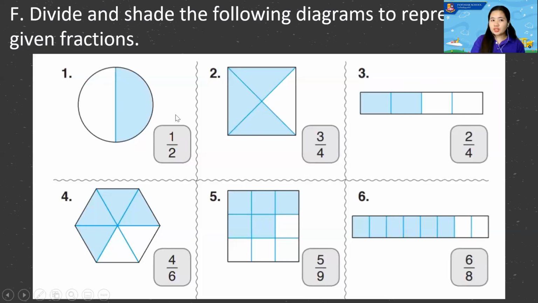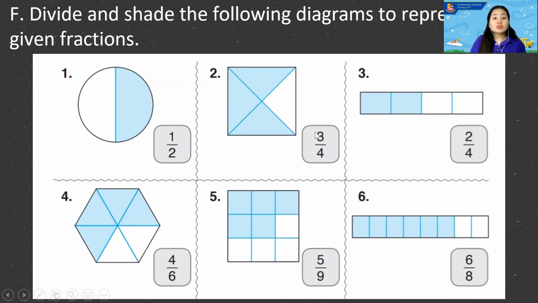Oh, I answered already. Number 1, 1/2. So you divide this first by 2. 1, 2. Then you color 1. So that's why I color this side. If you color the other side, that is okay.